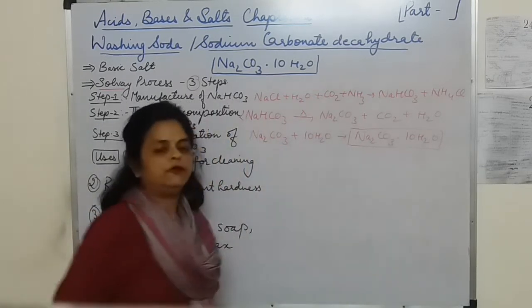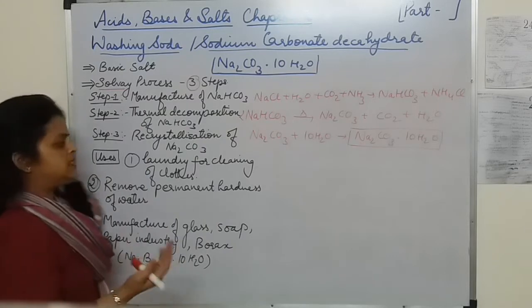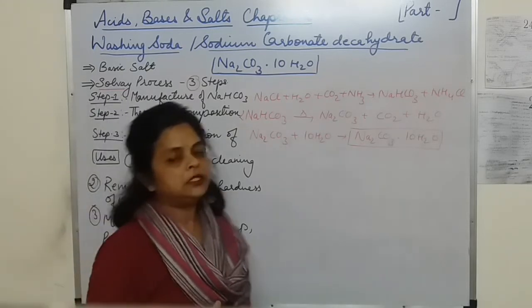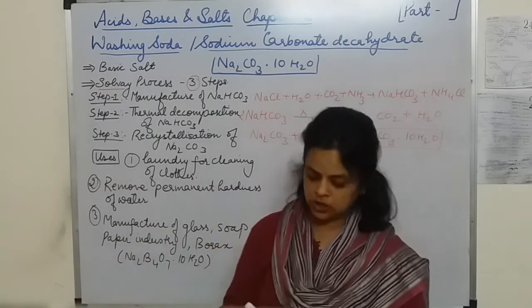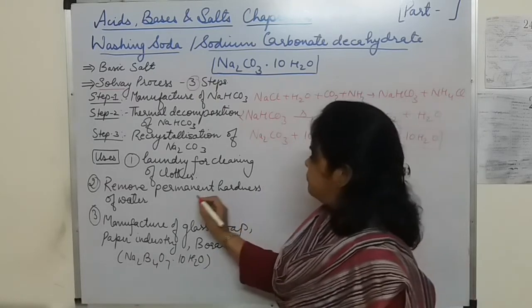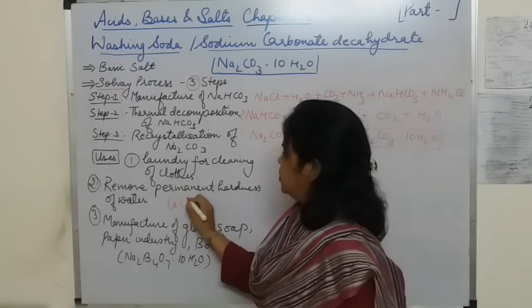Sometimes the quality of the water is not good. We say that the water is hard, and it is due to the presence of calcium and magnesium ions. Suppose in the water we are having calcium chloride.